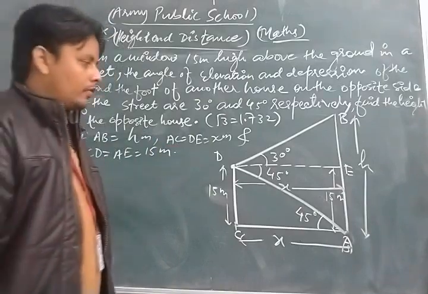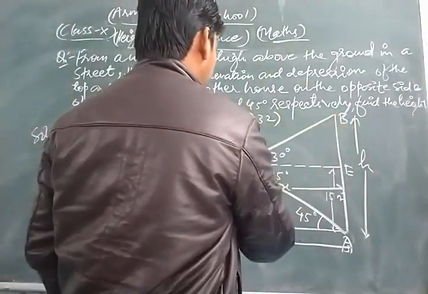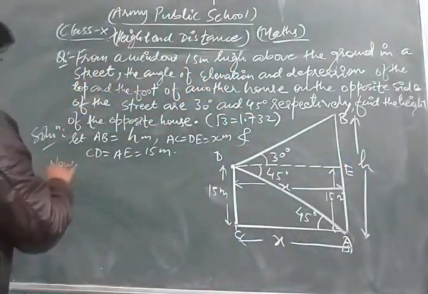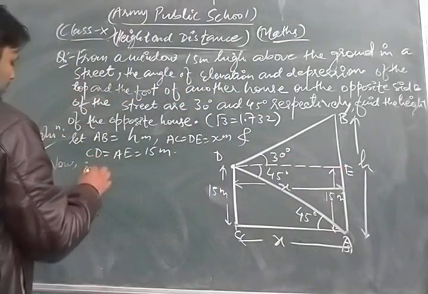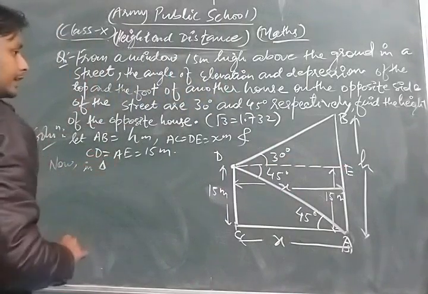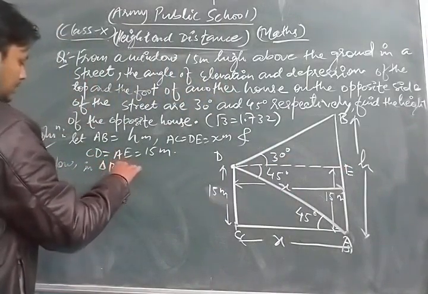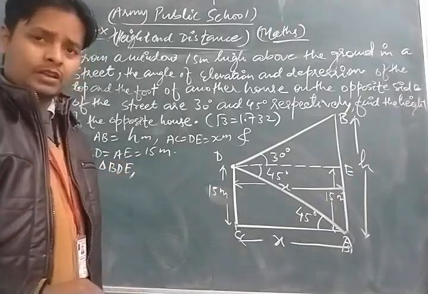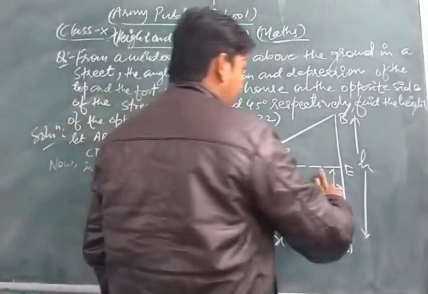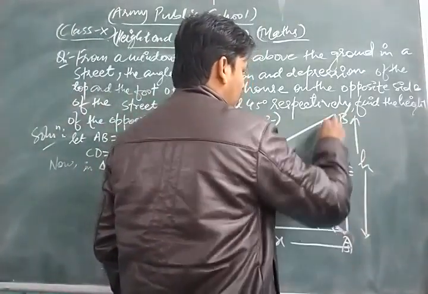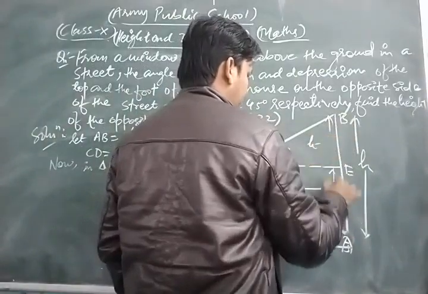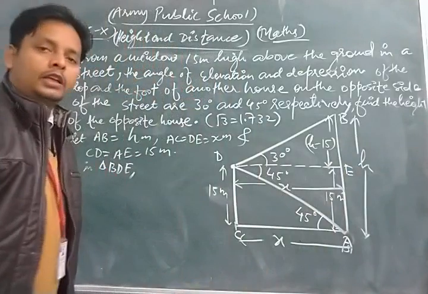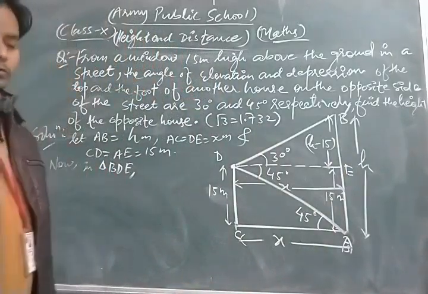Okay. Now look. First we take triangle BDE. Now in triangle BDE, dear student, this is 15 and the whole height we take as H. So this is what? H minus 15.